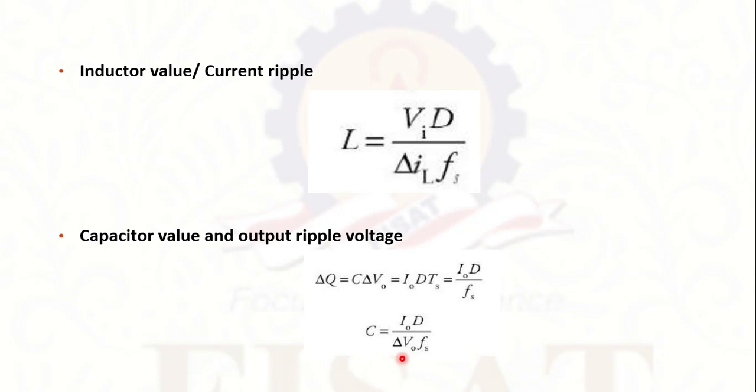And the output ripple voltage delta Vo is equal to Io into d divided by C into Fs, or we can write delta Vo is equal to Io dTs divided by C.